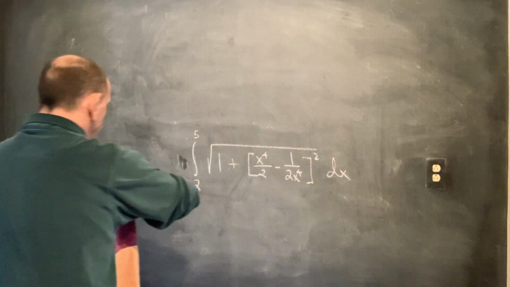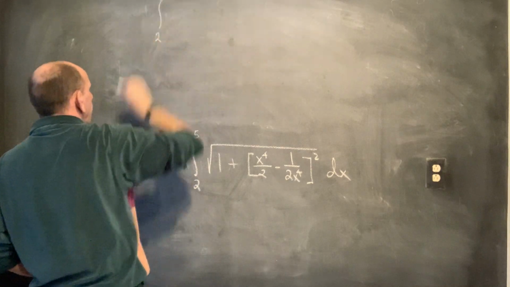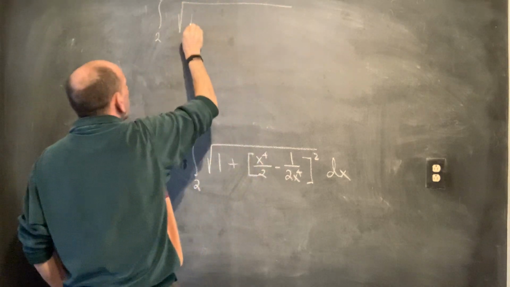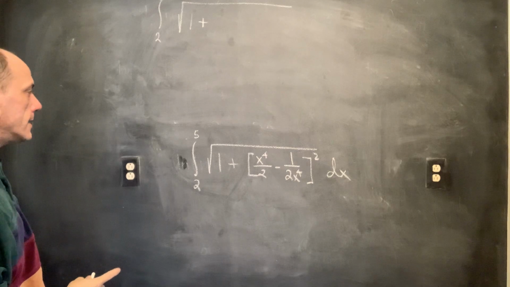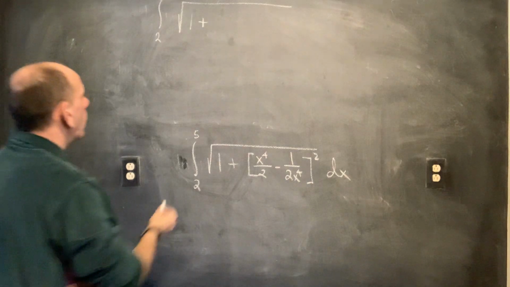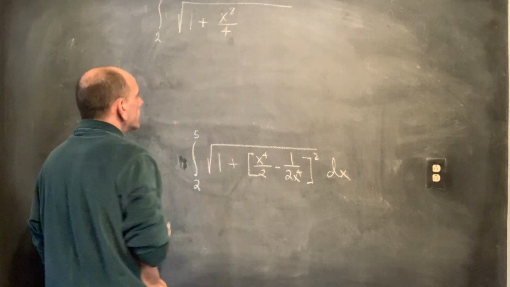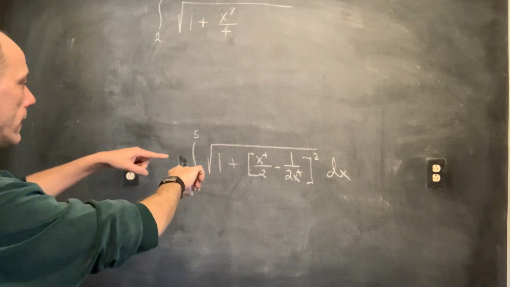So let's see what we got. Integral 2 to 5 root. We've got 1 plus. So square that, x to the 8th over 4. Now multiply them together.